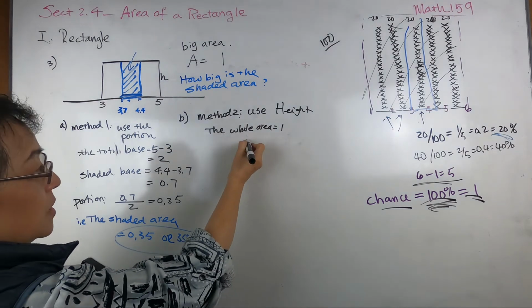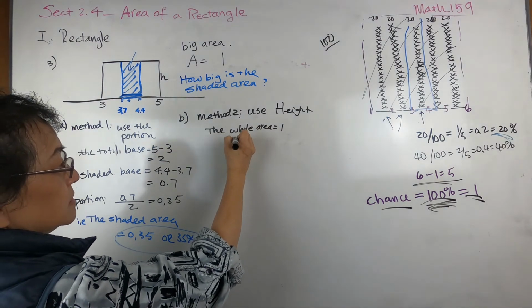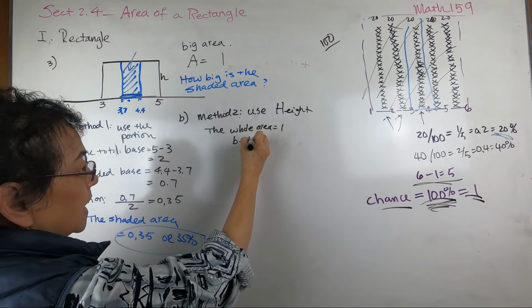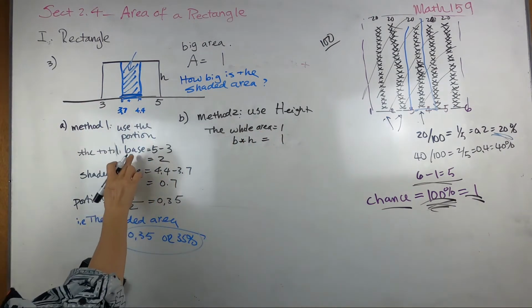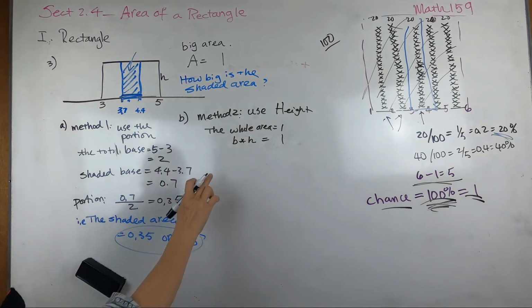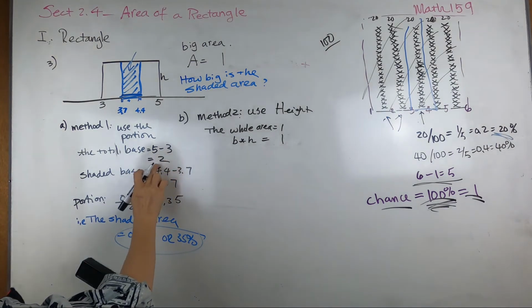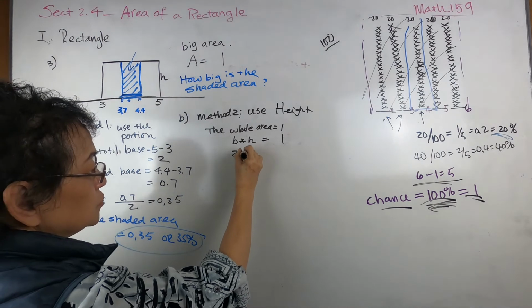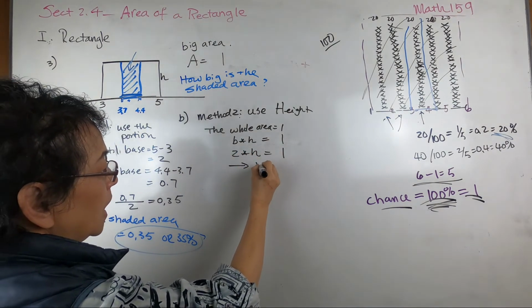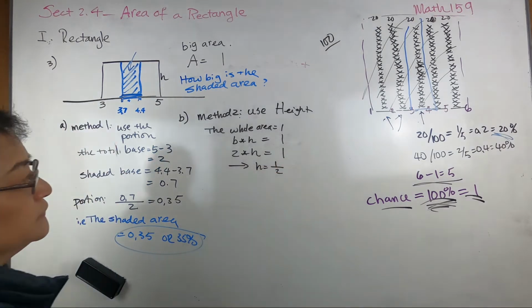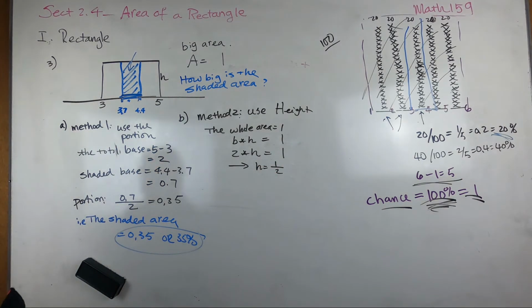And the whole area is what? Base times height equals 1. What's your base? Base is 5 minus 3, which is 2. So 2 times height is 1. That means what? Your height is half. Right?